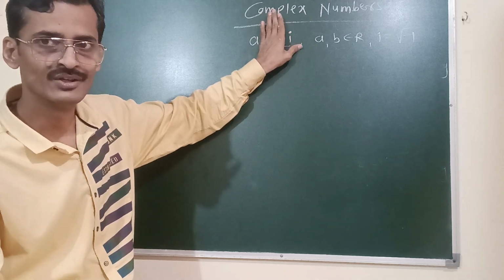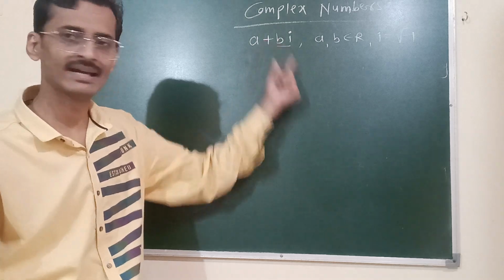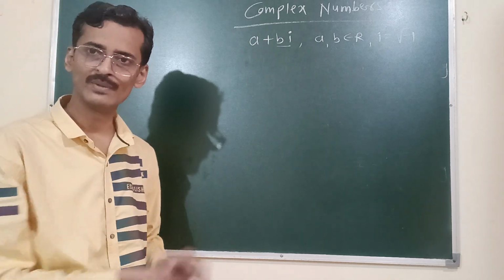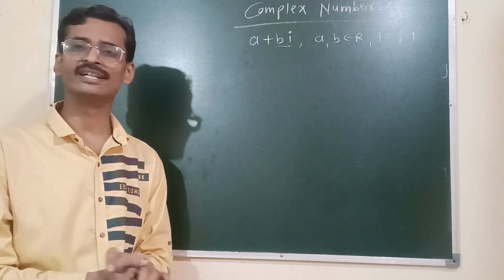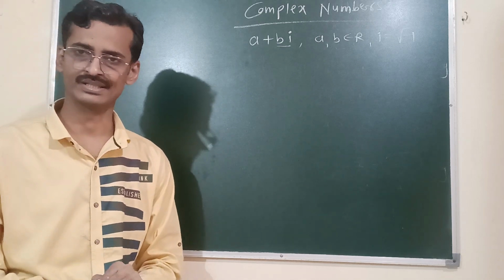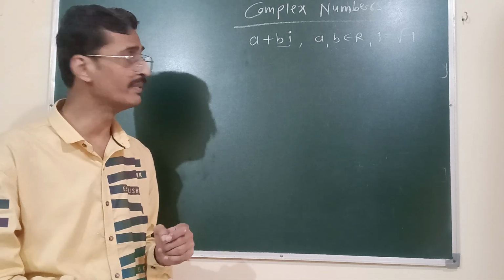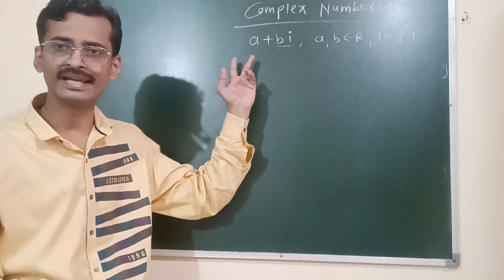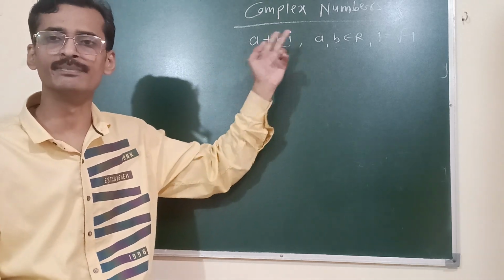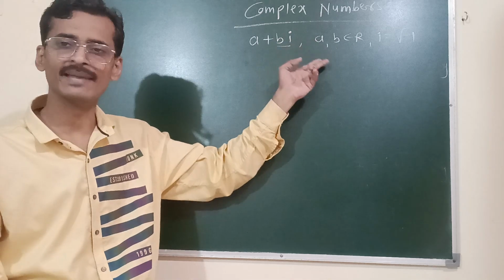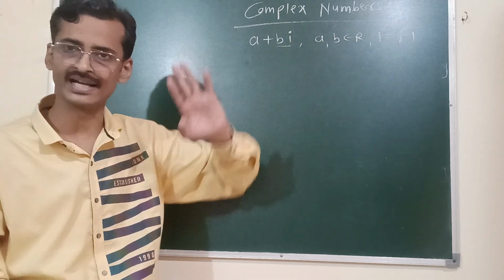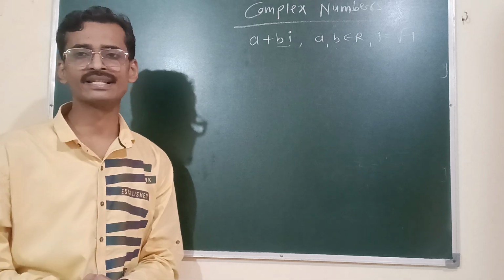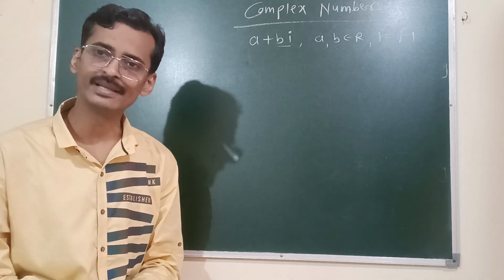When we write real and imaginary numbers together, with plus or minus, that is called a complex number. So the definition is: numbers which we can write in the form of a plus bi, where a and b are real numbers and i is root of minus 1, are called complex numbers.